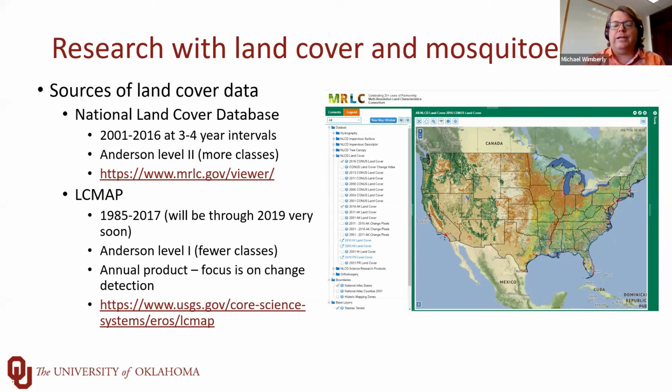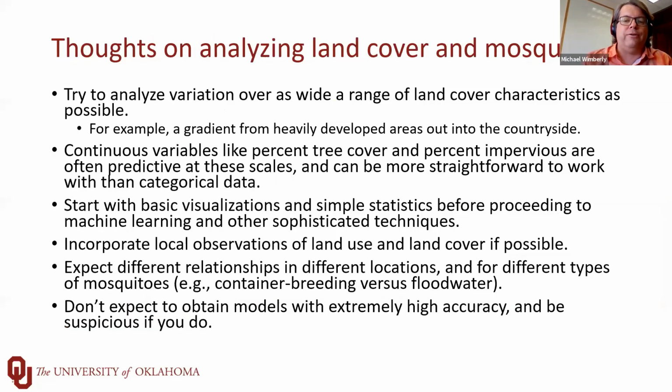I apologize, I don't have international links here, in part because there isn't what I would consider the canonical global land cover data set that I would recommend for everyone to use. But I could give some suggestions if people are interested in particular areas.